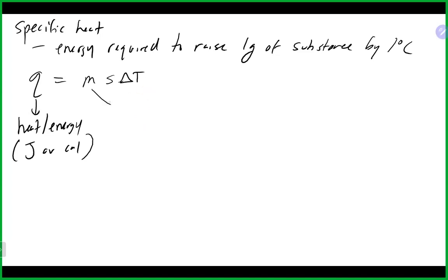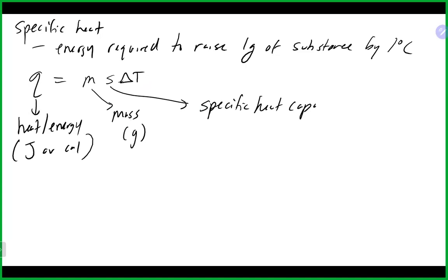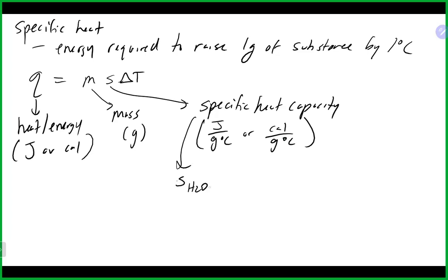M here is mass, which is in units of grams. S is the specific heat capacity, and this is the one that has the units joules per gram per degree Celsius, or calories per gram per degree Celsius. Remember that they do want you to know the specific heat capacity of liquid water.